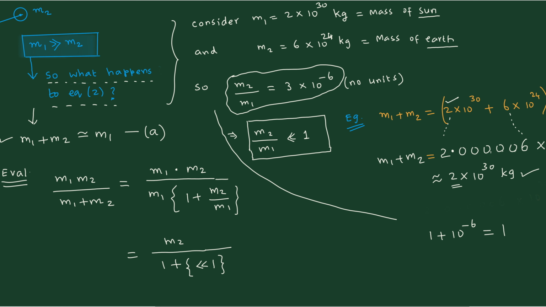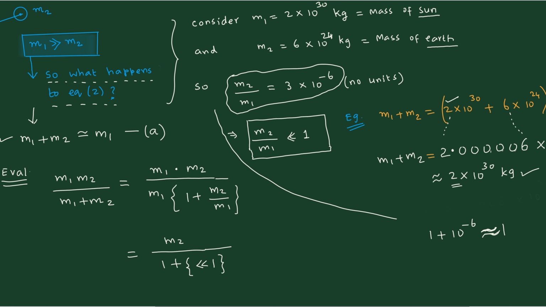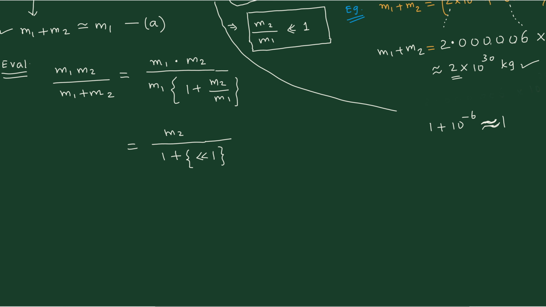For that reason, rather than saying equality here, we will say that it is approximately equal, and the approximation is a good approximation. There is nothing to worry about in losing the 6th digit at this particular point. And therefore ultimately, 1 plus nothing, since much less than 1 means nothing, I'll be getting an m2 here.